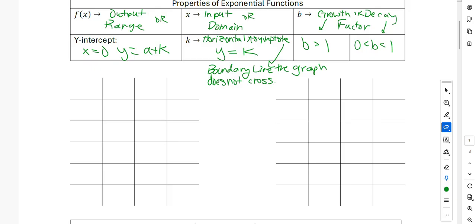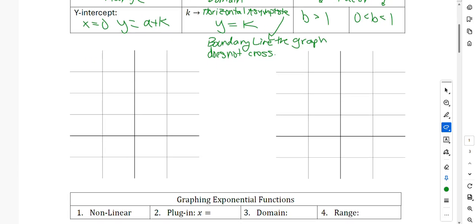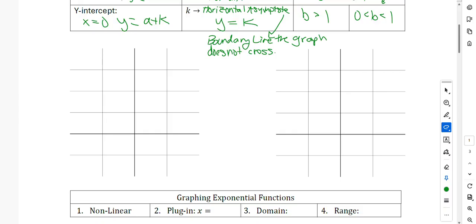All right. Now, before we get into our examples, let's talk a little bit about what exponential growth and exponential decay look like. First, growth. When we talk about exponential growth, we're talking about a value for b that is bigger than 1.